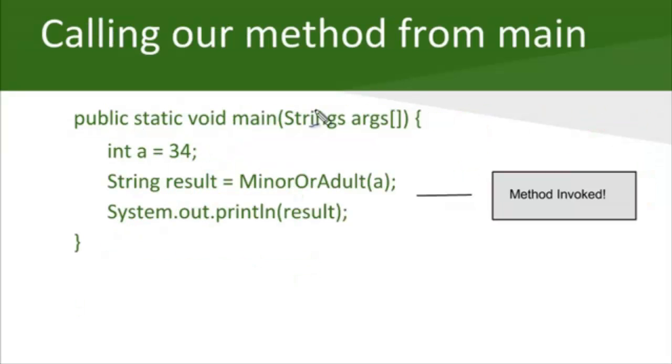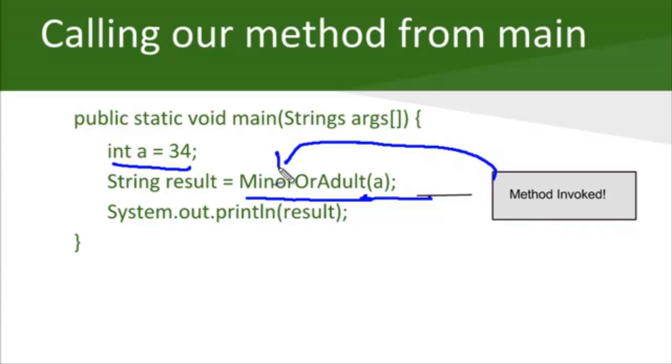Now we'll call this method from main. We define a variable a and we assign value 34 to it. We pass this value to our method minor or adult. Now we know that this method will return something, and whatever it returns will go back to the main method, and then it will be stored in result. Result is a string here.